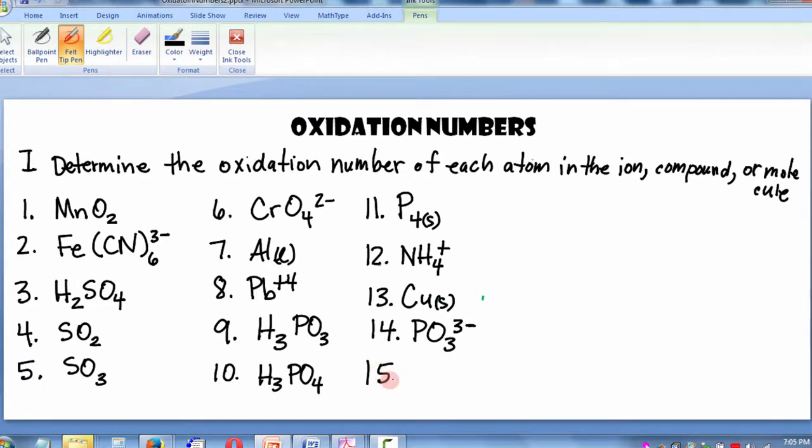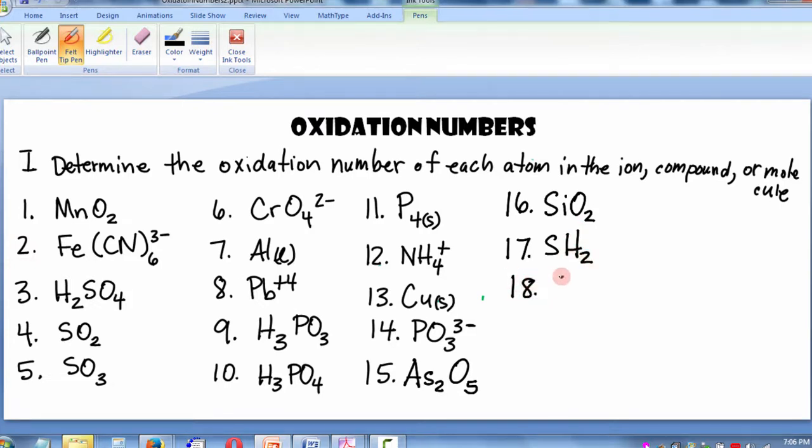Number 15, As2O5. Let me write that so you can see. Number 16, SiO2. Number 17, SH2.